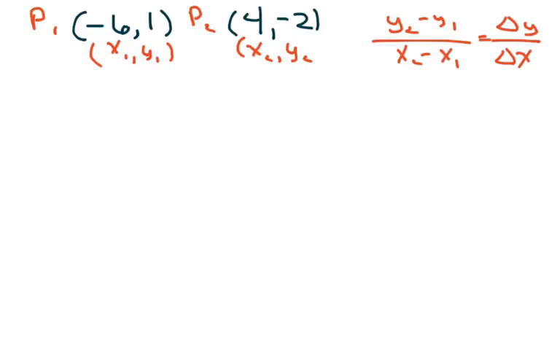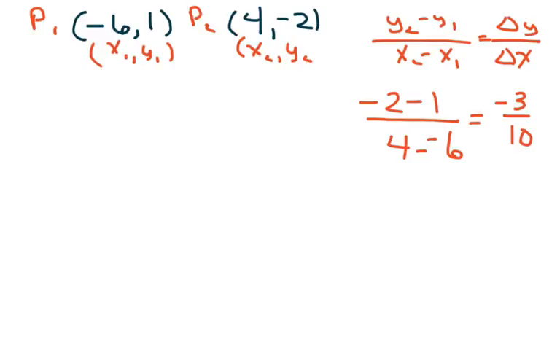So I'm going to do that over here. I get negative 2 minus 1 over 4 minus a negative 6. This gives me negative 3 over 10. That's my slope. So I'm going to write it in the form y equals mx plus b first.